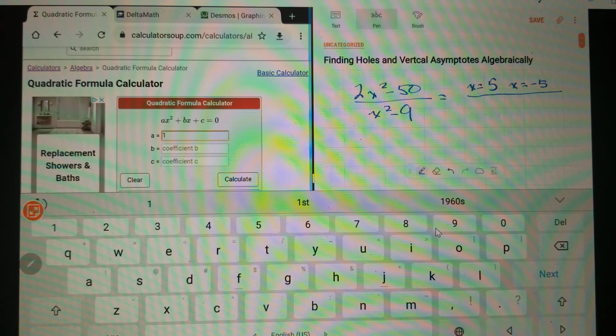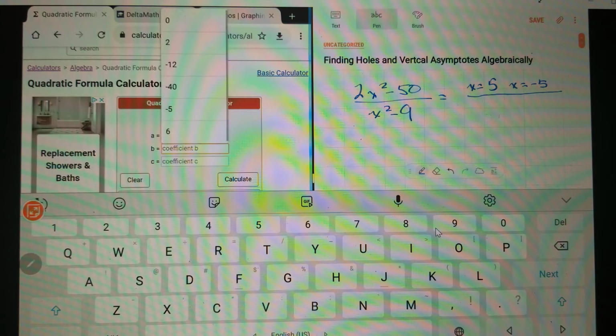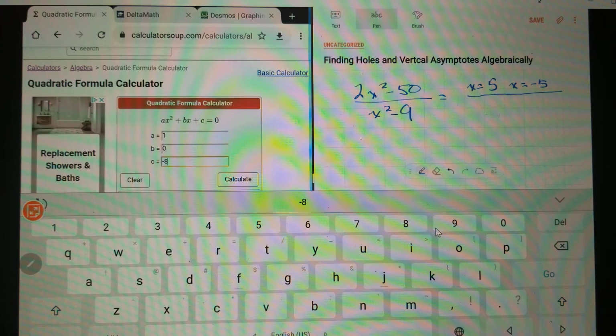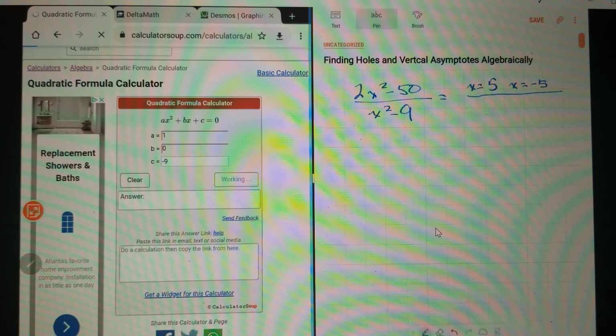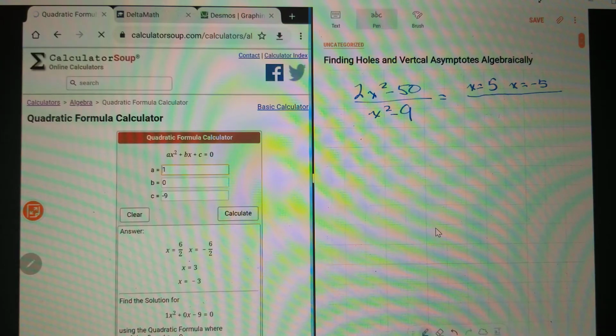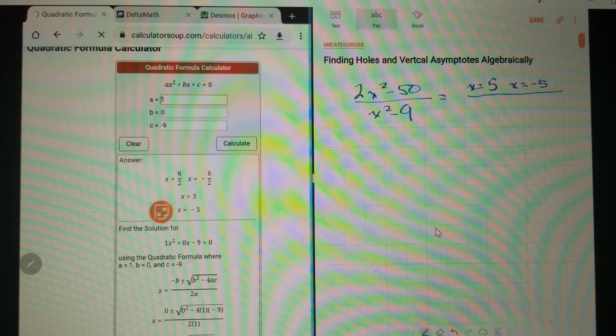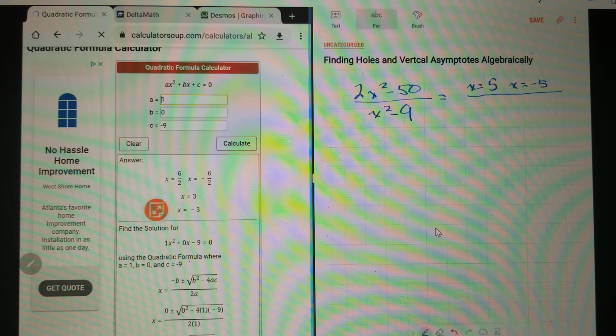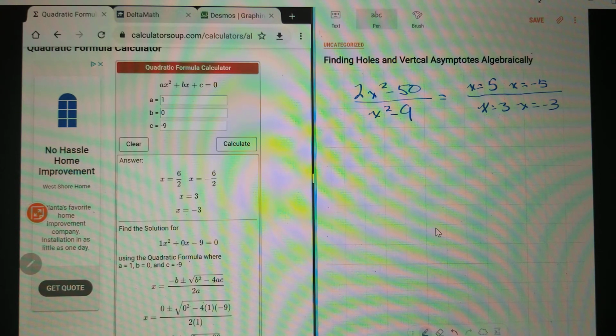That was aggravating. 0 and negative 9. Calculate. And that tells us that it's 3 and negative 3. X equals 3, x equals negative 3. Okay, so that was our first step, finding the zeros.